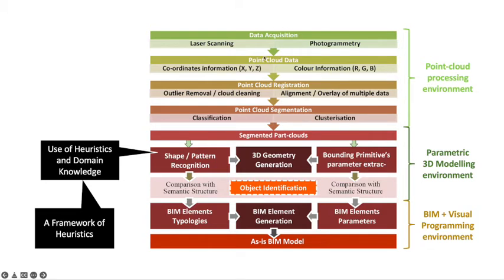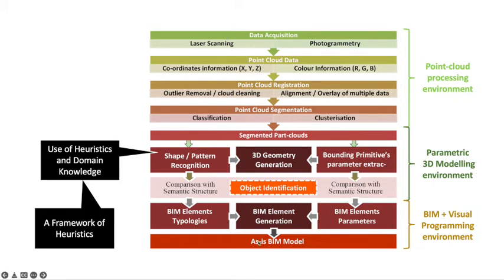Now, coming to the core issue of progress monitoring, how progress monitoring happens. We collect data using a laser scanner or photogrammetry. We use the point cloud data and do some pre-processing. Then we detect objects from the point cloud data and convert those objects to an as-built BIM model, which is the IFC class of data. This total process is known as the scan to BIM process.